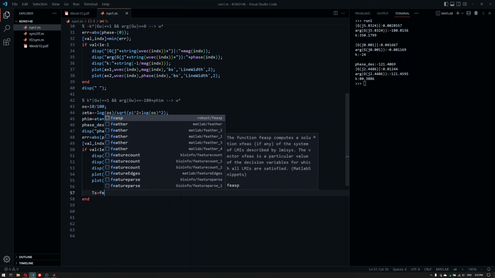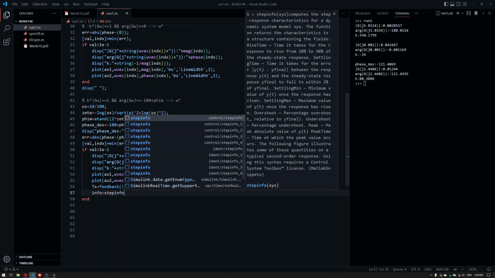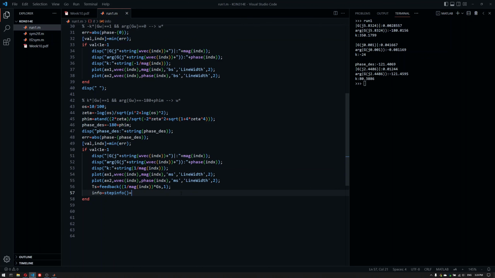So let's have TS, feedback, and then maybe we should assign k-val now. Or just skip k-val, I'm not really interested in it. This times TS, 1. Info is going to be stepinfo of TS.